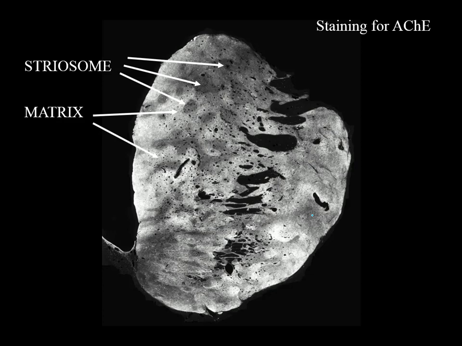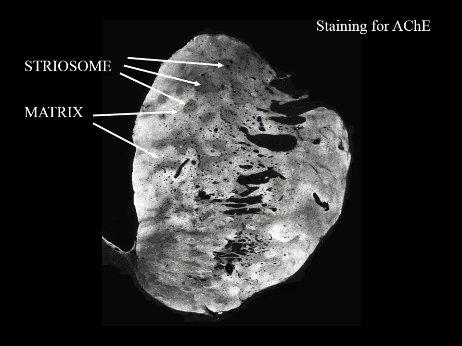But when this was done, and this was work actually done by Ann Graybiel when she was a postdoc in Nauta's lab. She's now an Institute Professor in brain and cognitive science at MIT, having worked on basal ganglia, having started as a grad student for Nauta early on. What she saw were areas that had lots of staining and areas that had less staining, and that these were sort of irregular patches.